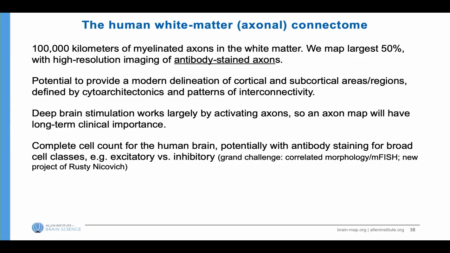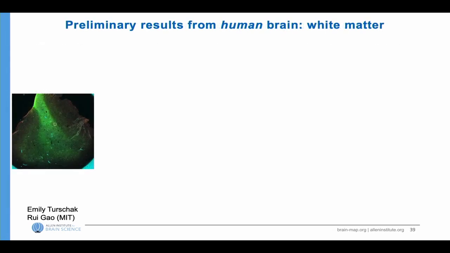I keep adding to this sentence. The grand challenge is correlated morphology and MFISH, and talking with Rusty and looking at his poster yesterday, I think this is possible. I think this can be combined with MFISH to give not only the axons, but their genetic identity. Just 2 more slides, actually.